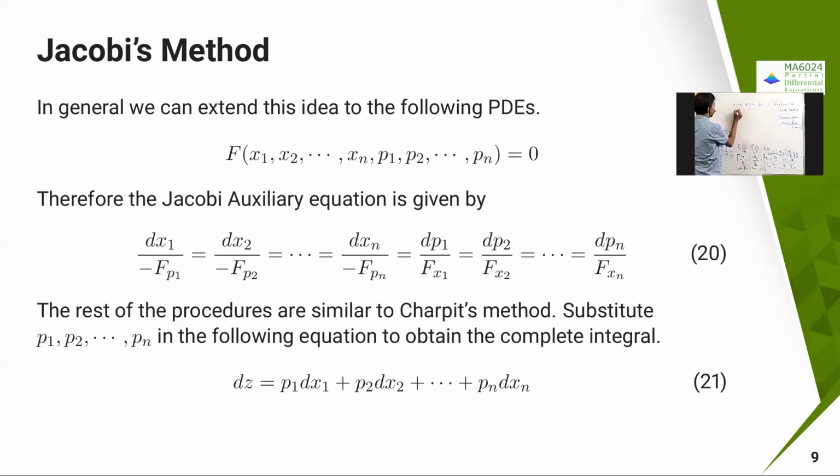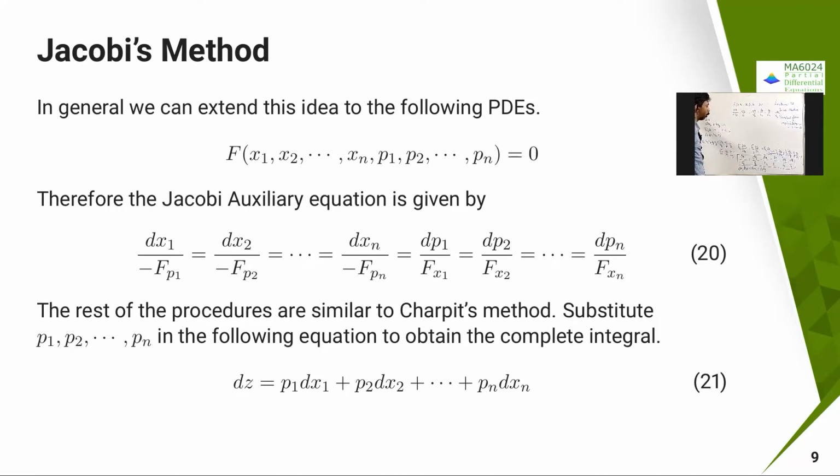So you are going to get dx1 by minus fp1, dx2 by minus fp2, etc., dxn by minus fpn, equal to dp1 by fx1, dp2 by fx2, etc., equal to dpn by fxn. This is going to be your Jacobi auxiliary equation for n variables.